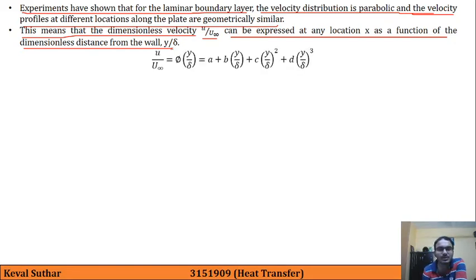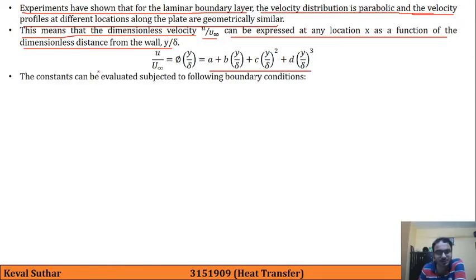So in this case we are going to accept this, that is, u upon u infinity can be written as a function of y upon delta with this formula, where a, b, c, d are unknown. Now these constants a, b, c and d are evaluated subject to the following boundary conditions.